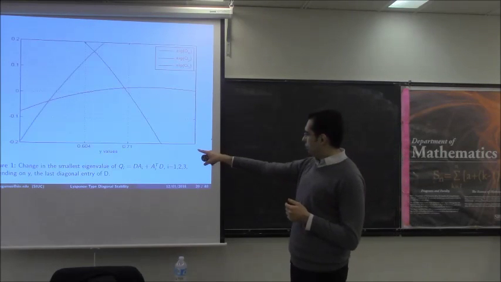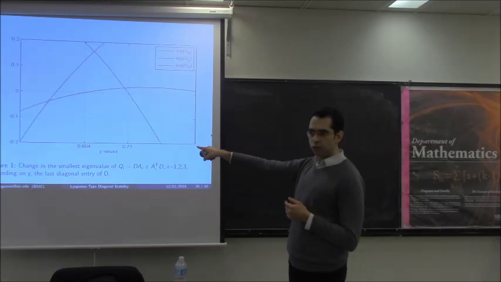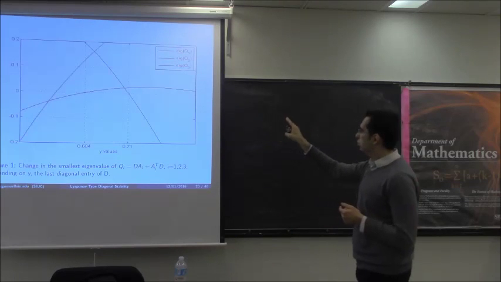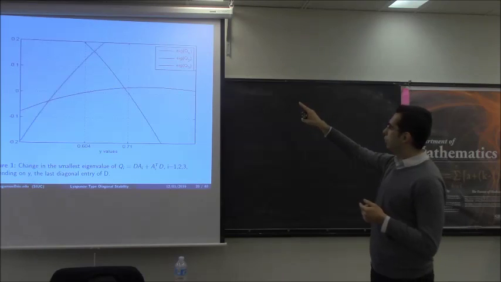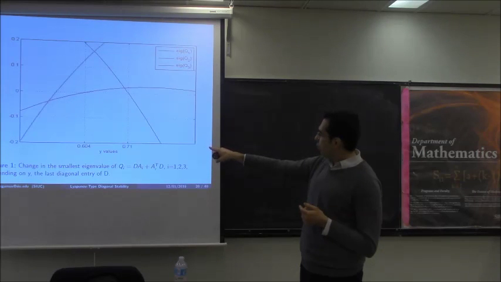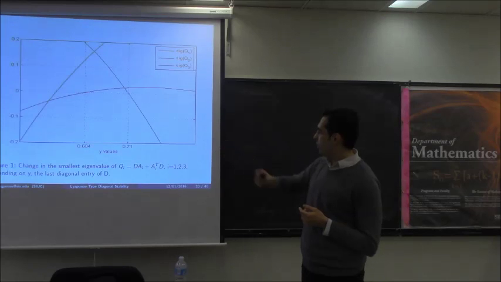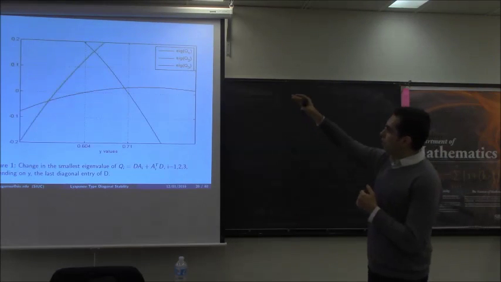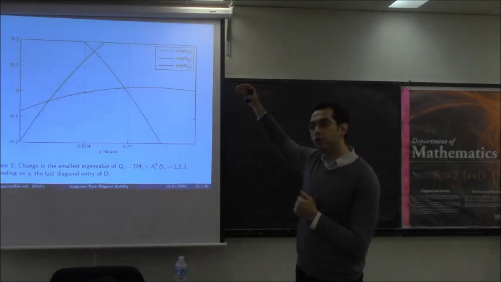The diagonal matrix depends on y values. As y varies, we draw the graph of the smallest eigenvalue. As we can see, if y falls in the interval we found on the previous slide, 0.604 to 0.71, then all of them have positive eigenvalues.